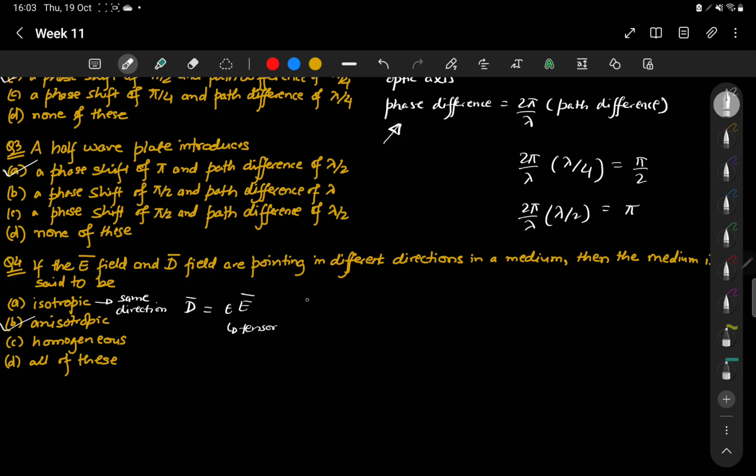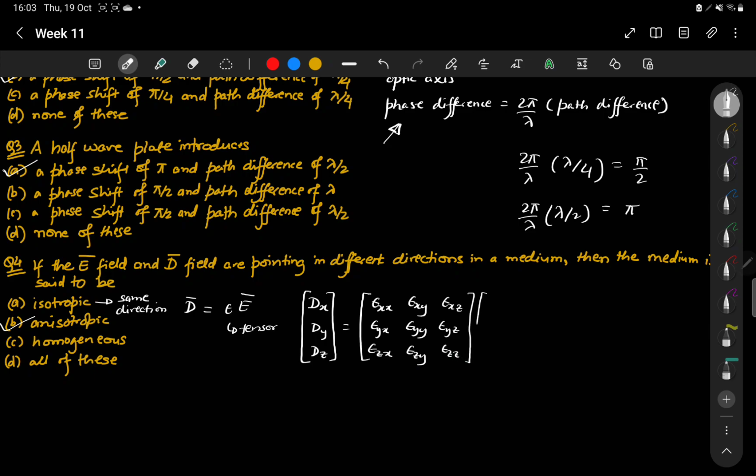So what do I mean when I say it is a tensor? It means that I can write it in the following matrix form. So these are the components.